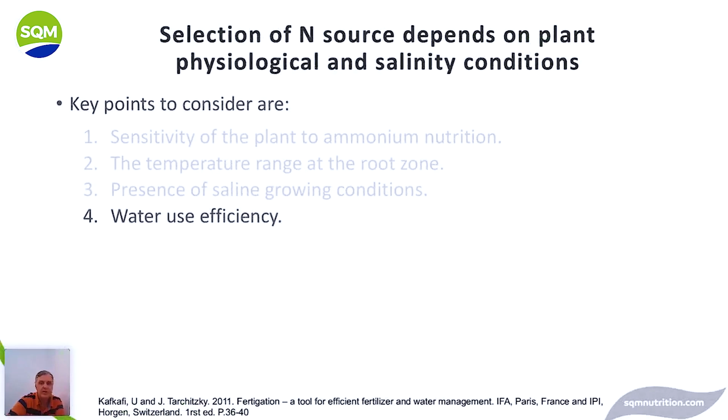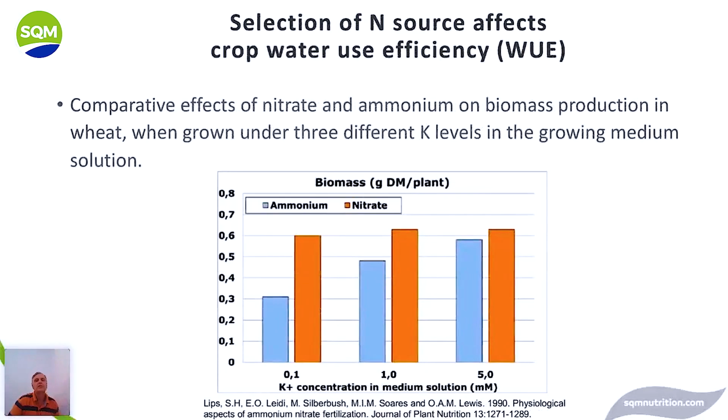And the last one, for the water use efficiency, now we have a lot of scientific trials that show that the biomass, dry matter content production, is higher when you have a higher percentage of nitrate nitrogen in solution in comparison with ammoniacal nitrogen in solution. As you can see in this graphic, the blue column was the dry matter content produced with plants fed only with ammonium.